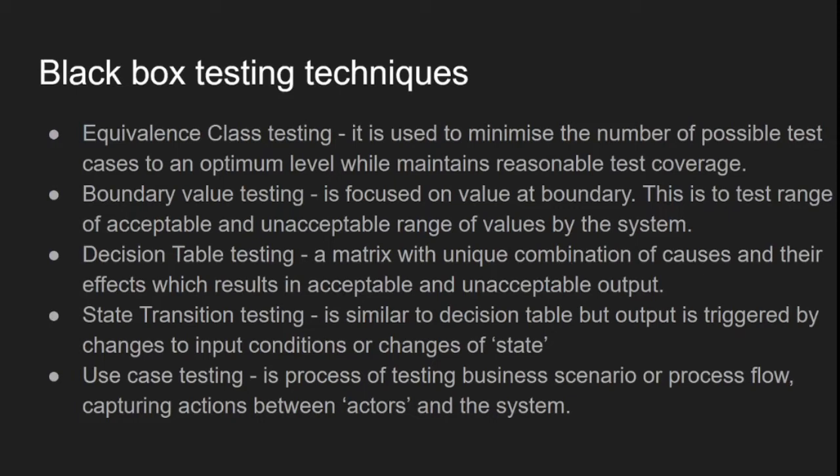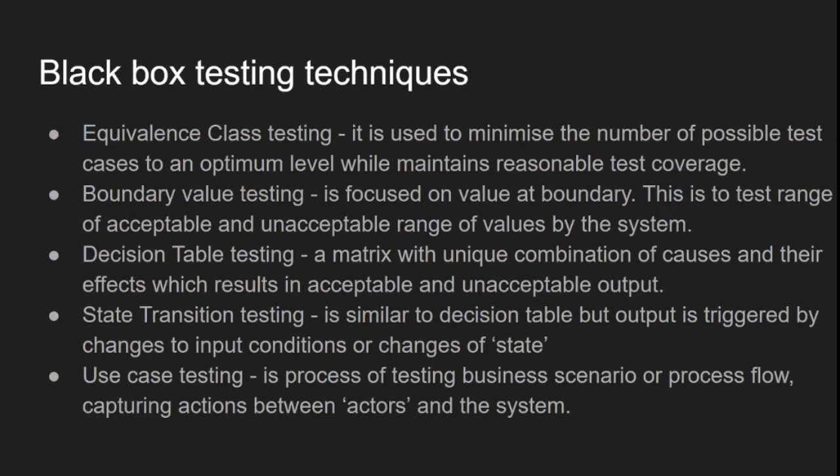And you have an expected output, whether it's successful or an error message, depending on the set of actions performed by a user. This could be an example of a login system where you have a user ID and password. Correct user ID and correct password, so it's a successful login. Then you could have a correct user ID, incorrect password, so it'll be an error message, or you could have a correct password, incorrect user ID.